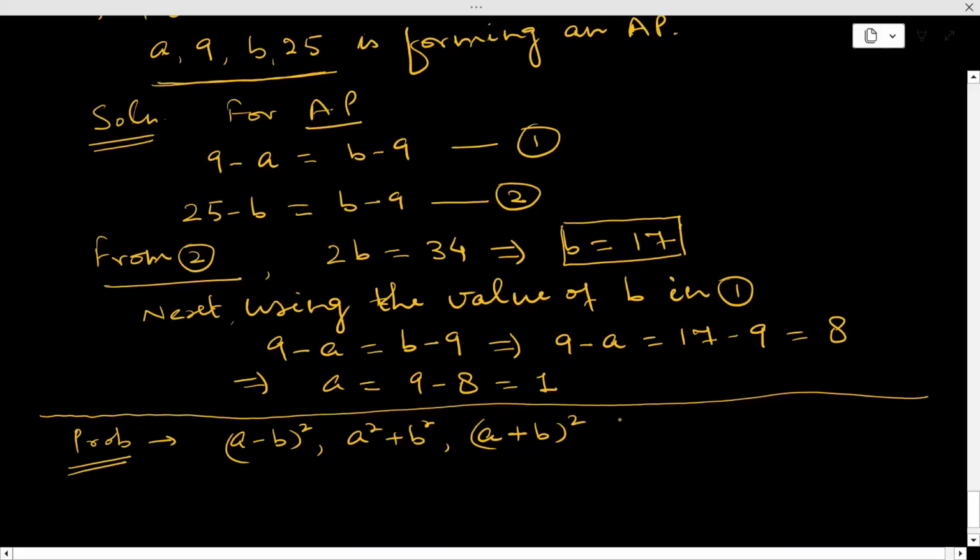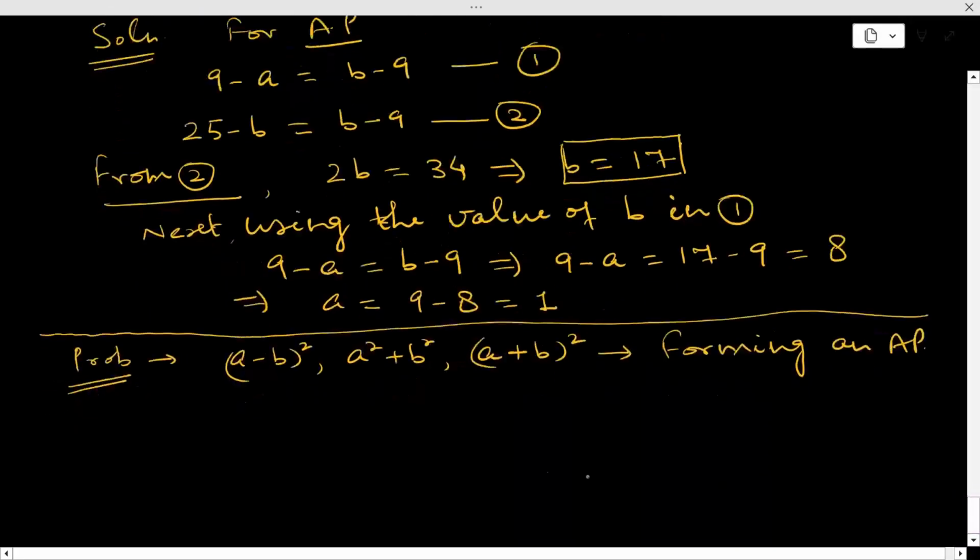So here we have to show that they are forming an AP. Okay, so again the process is same, means if they are forming an AP, so let us begin with the solution. So we know that if they are forming an AP, the difference between the second and first, and third and second, will be same.